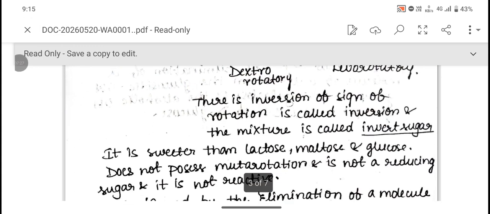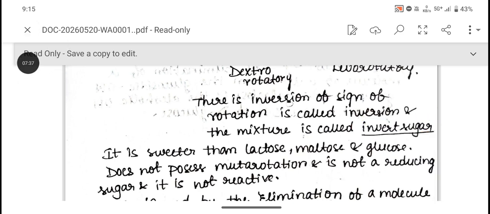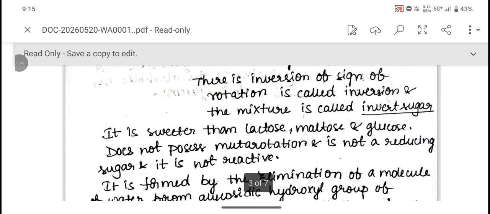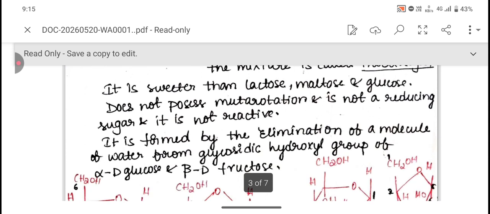There is an inversion of the sign of rotation, so the mixture is called invert sugar. That's why sucrose is known as an invert sugar.